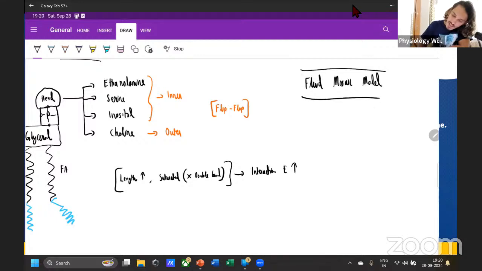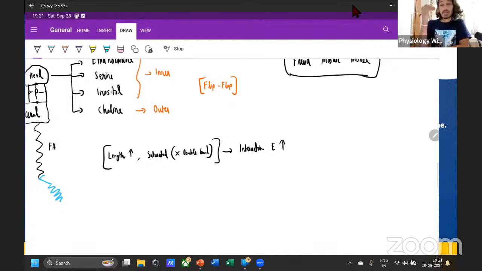What is the fluid mosaic model? This structure of your membrane exists in a sort of fluid form where it's constantly shifting. There are flip-flops, horizontal shifts, so a lot of shifting is taking place. And this property that we're talking about depends on temperature, for example.